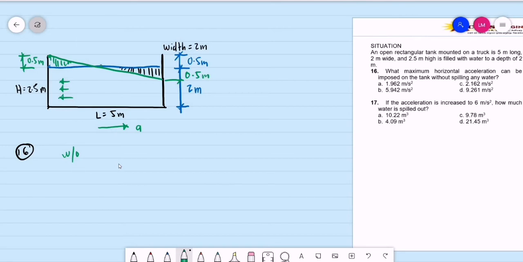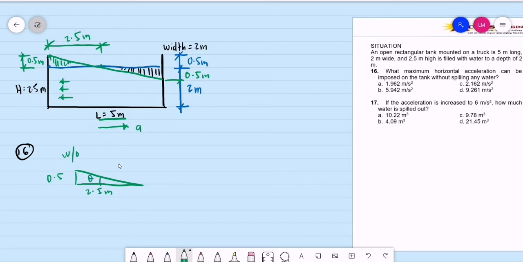Since it is symmetrical, we are just to consider this triangle, having a height of 0.5. This is 2.5 meters, just the half of the length, which is equal to 5 meters. So we are just to consider this triangle, having a height of 0.5 and a length of 2.5 meters. Then we are looking for this angle theta.